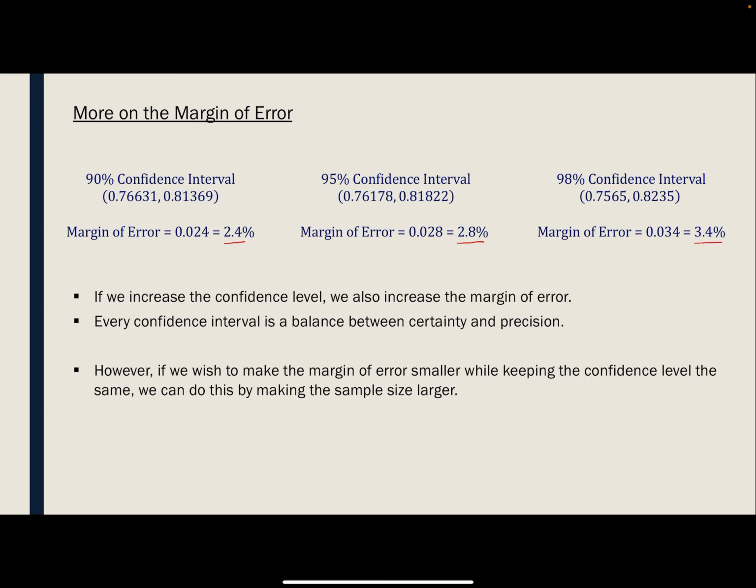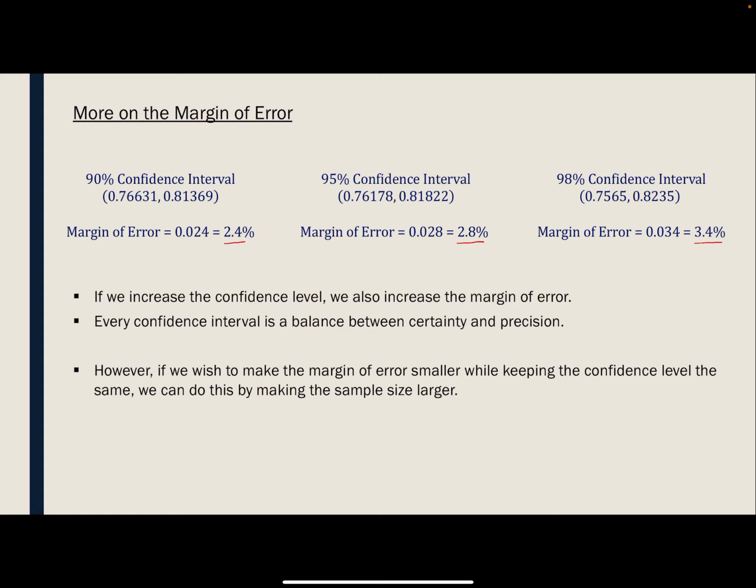So the other way that we can keep the margin of error low while still having a high confidence level is by making sure that we have a large sample size. But a lot of times we don't just go out and take a sample, right? We decide on the size before we go out and do it. We need to know when we're done. How many people do we need to sample?